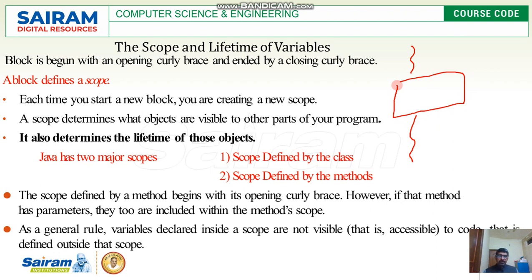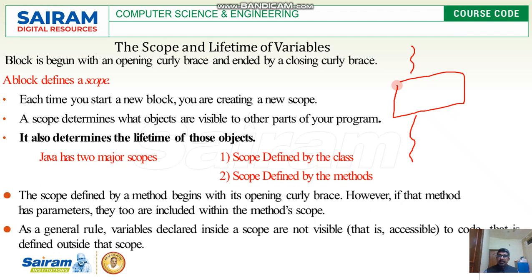Normally there are two major scopes for a variable. One is defined inside the class. A variable can be defined inside the class, or it could be defined inside a method. Every variable has got two scopes.